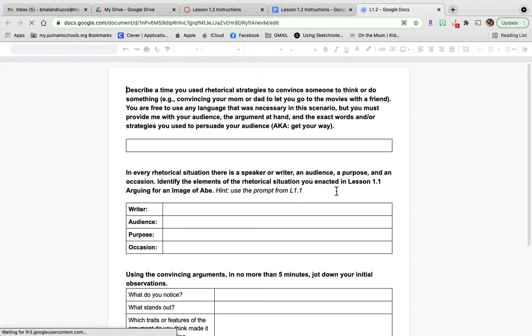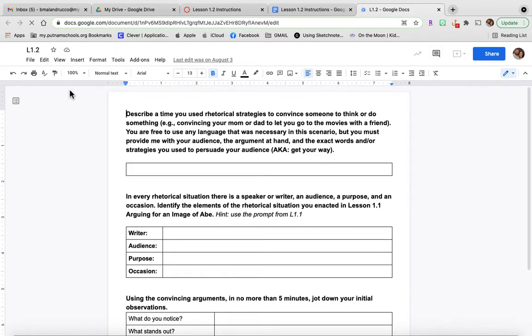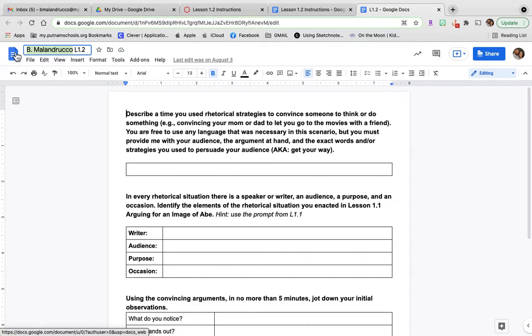It should prompt you to make a copy, and then you are going to change that. Just have your first initial and then last name on it. So you go up here into the title and you put your name in this. I'm going to take my name out because this is the one that you make a copy of and I don't want it to get changed.